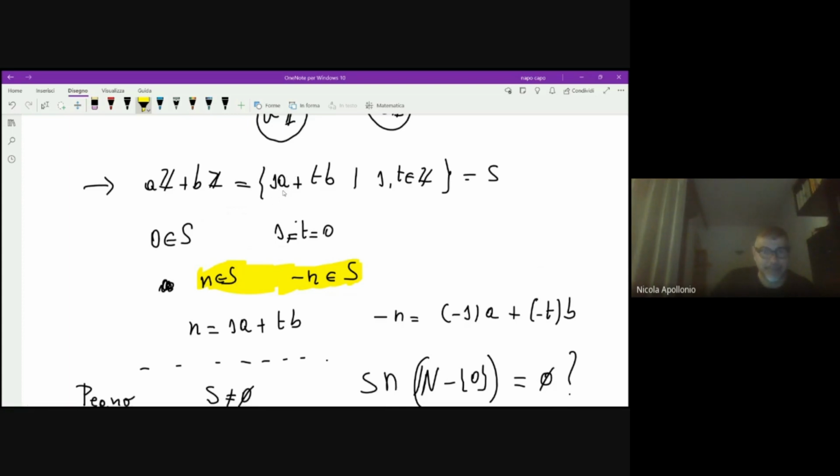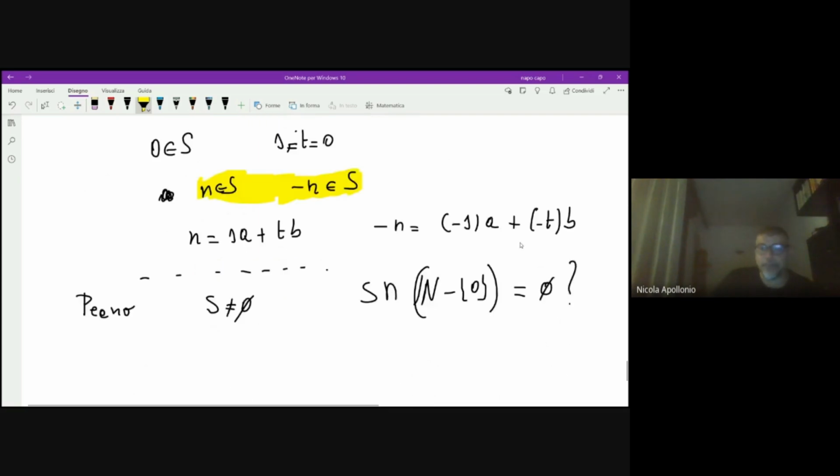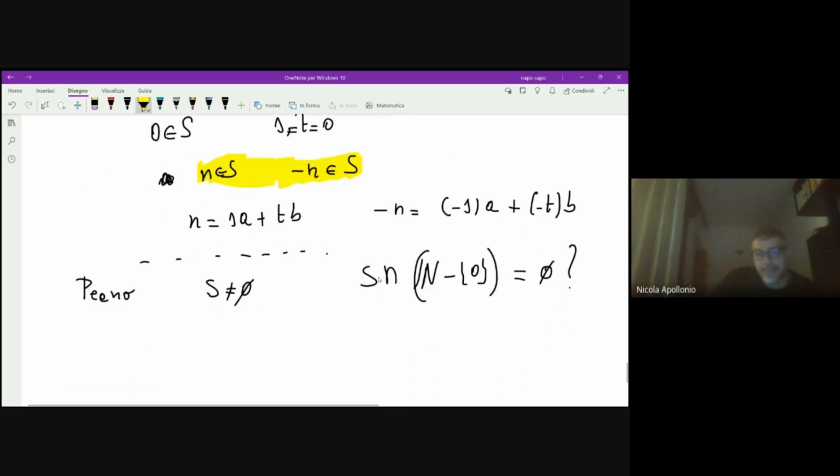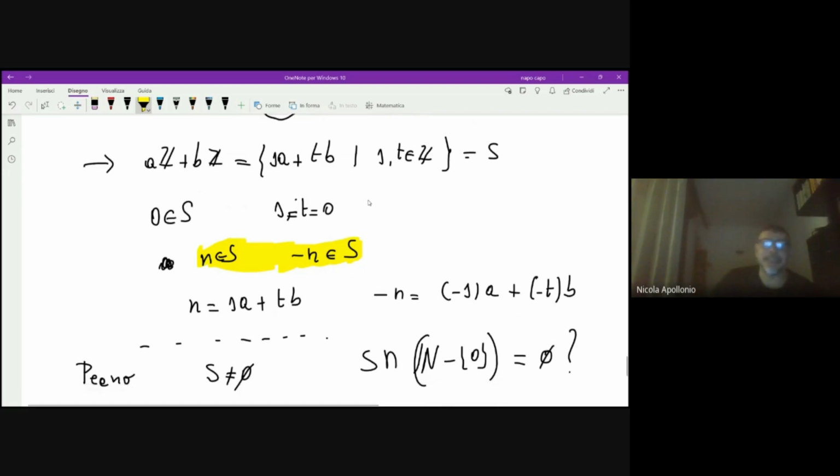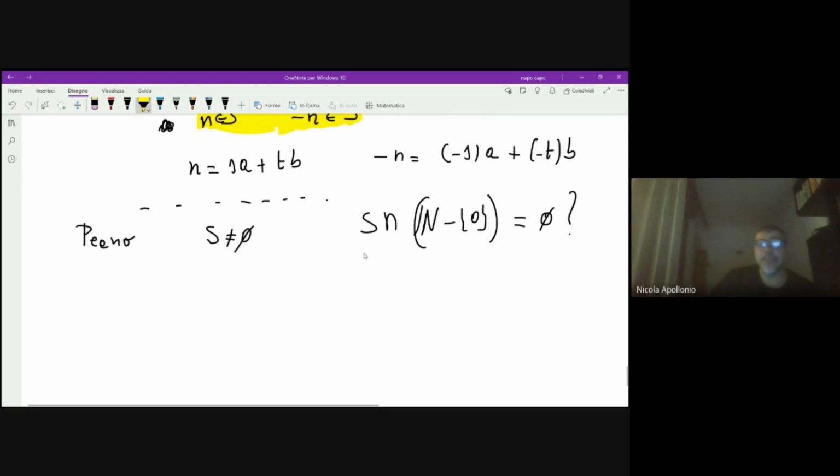There is at least one element, say A. If A is positive, A is an integer linear combination, and it belongs to this intersection. If it is negative, well, its negative is positive, and it is still in S. It is still an integer linear combination. So this set is non-empty.